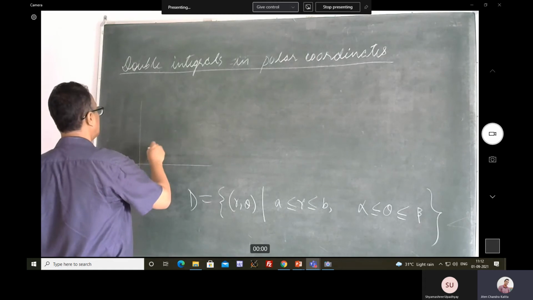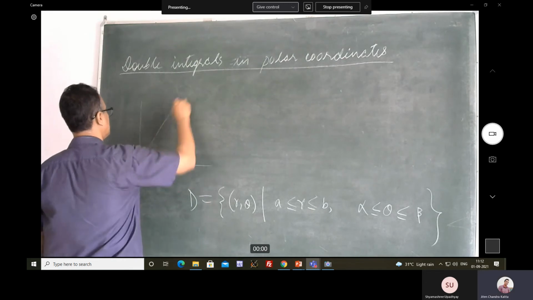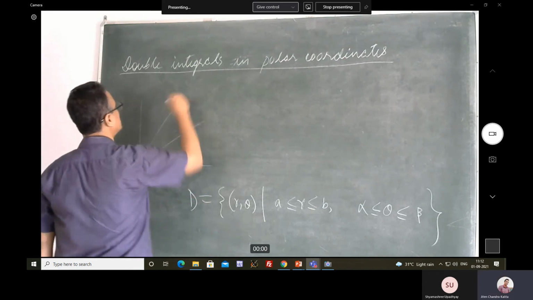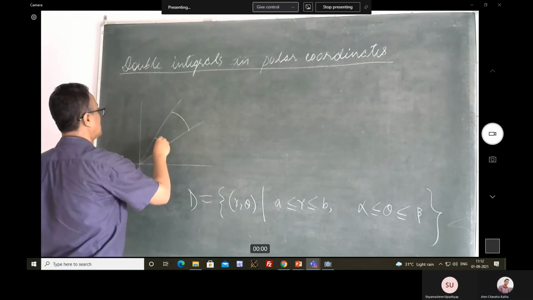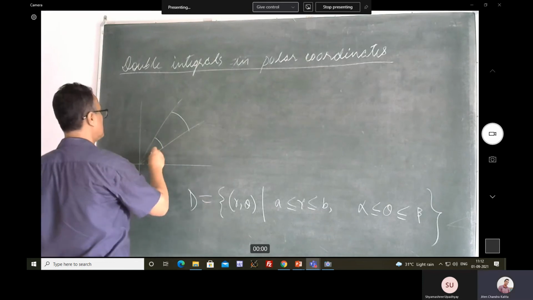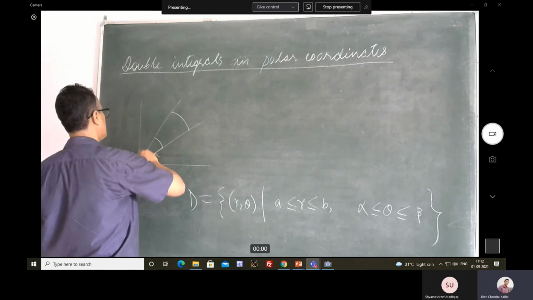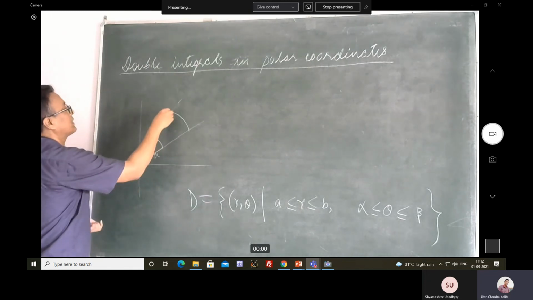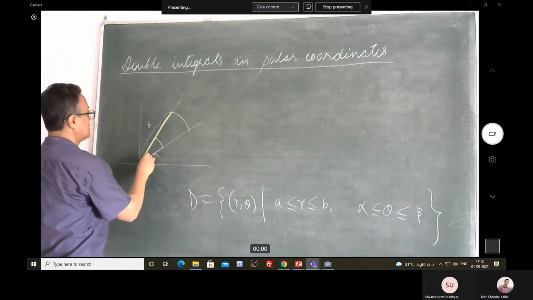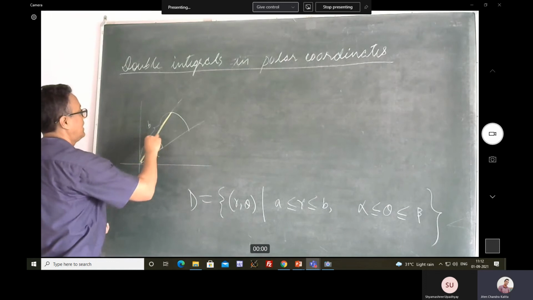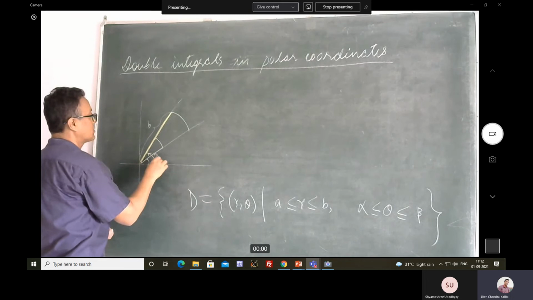Suppose this length is a, and this whole length is b, this angle is alpha, and this whole angle is beta.